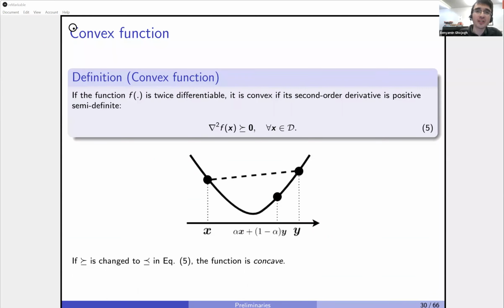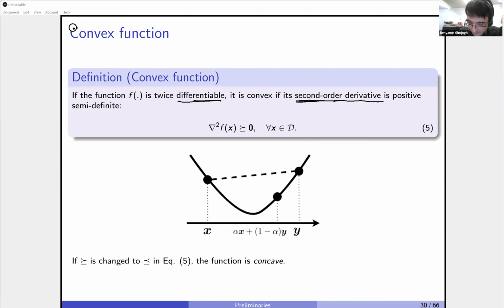Now, the third definition for the convex function is this. When it is, again, differentiable, when we can take derivative, then this definition is about the second order derivative. So the previous one was about the first order derivative.